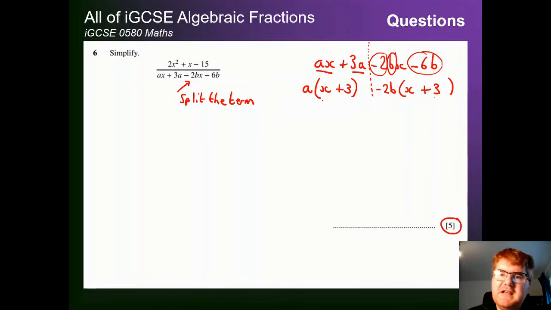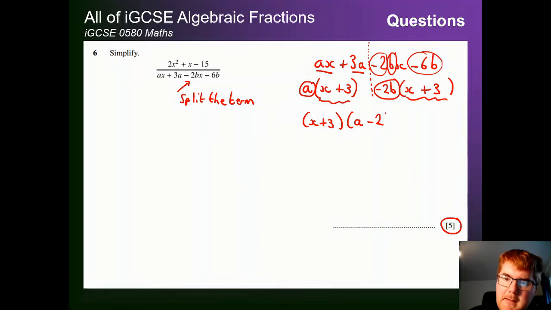Now notice we've got a shared factor, x plus 3 and x plus 3. So now some magic is going to happen. We can take the x plus 3 as a factor. Anything left over, so a and the minus 2b, go in our second bracket. So a minus 2b, like so.